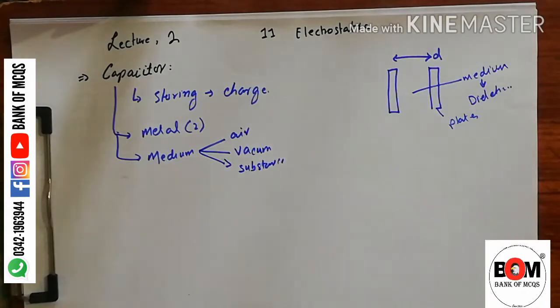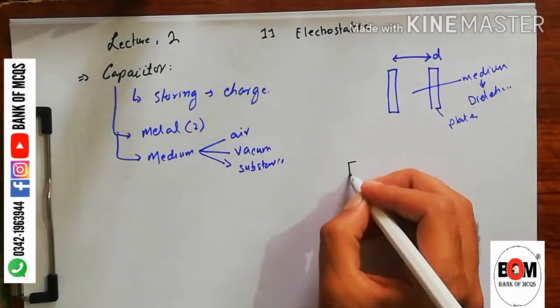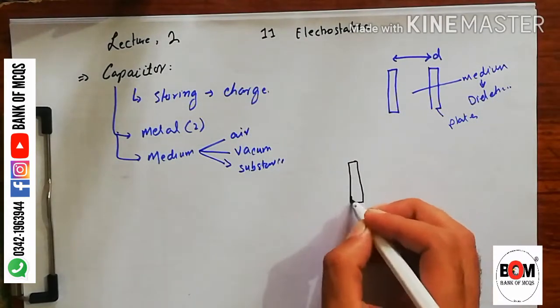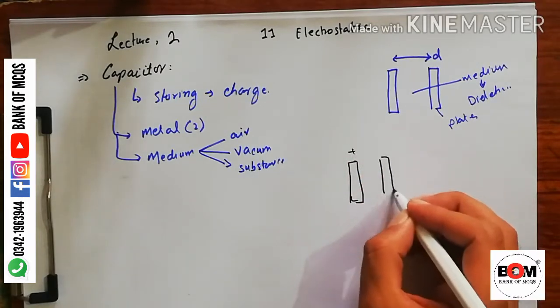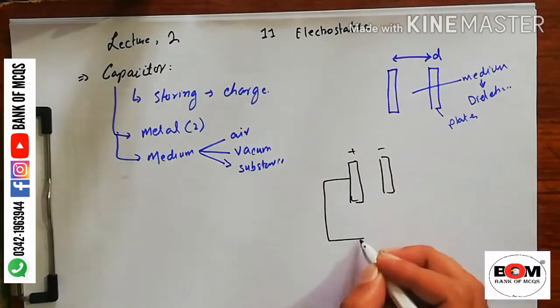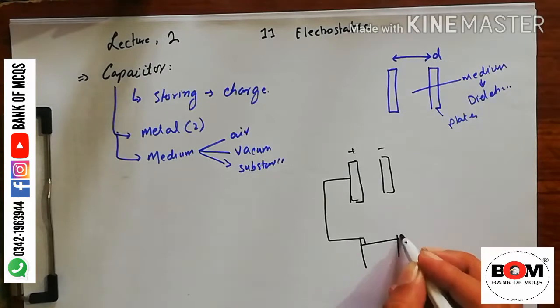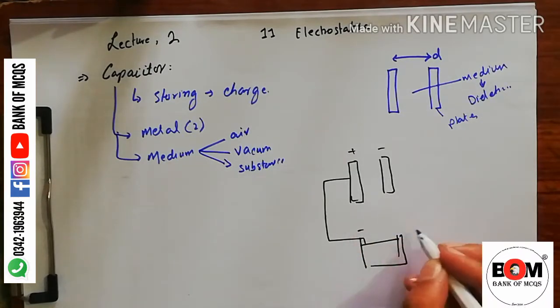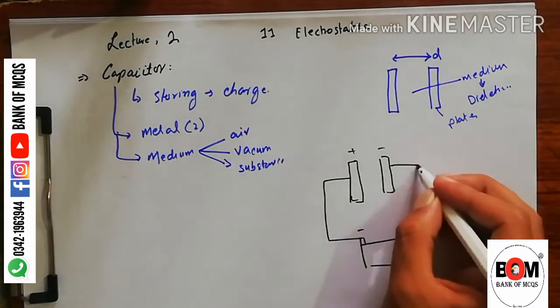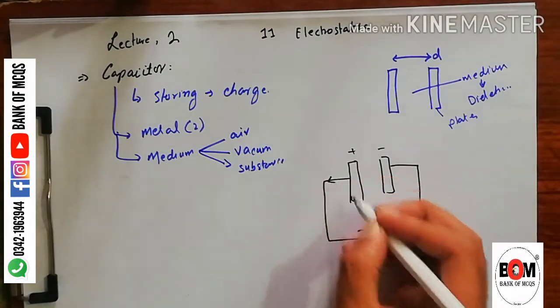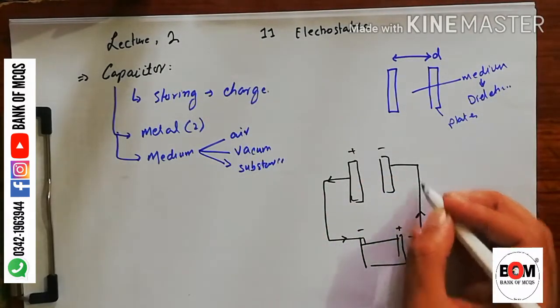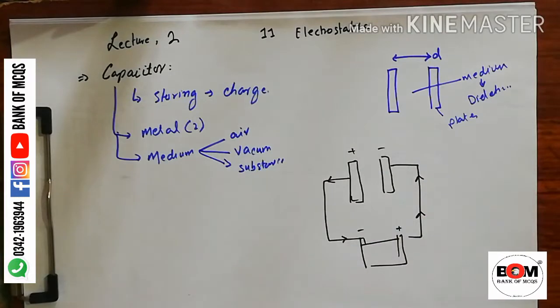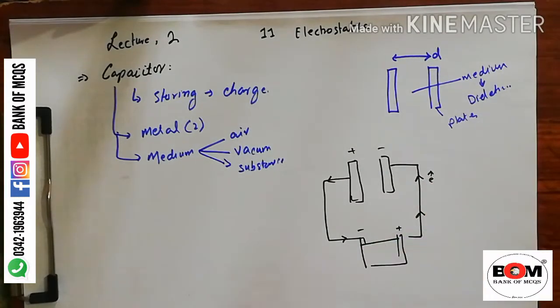Now to charge the capacitor, the two plates, one positive and the second negative, are connected to the opposite terminals of the battery, positive with negative and negative with positive. In this way, electrons start moving through the battery from the positive plate towards the negative plate.